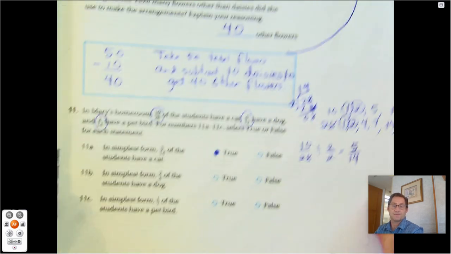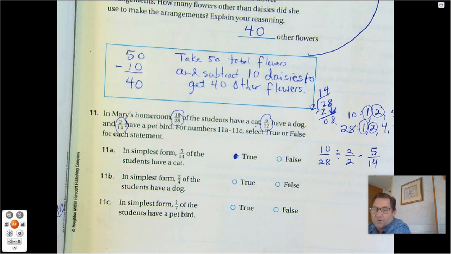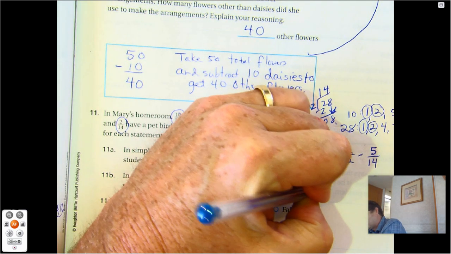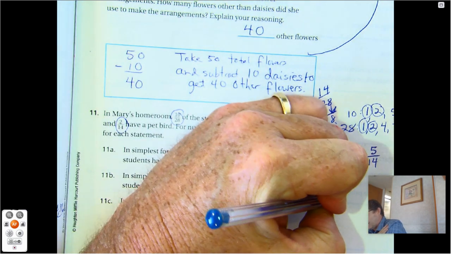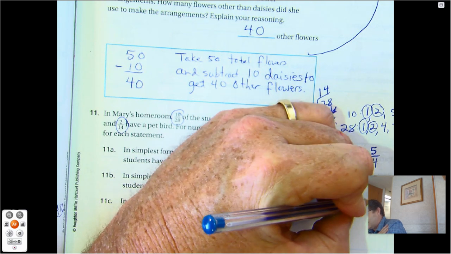In simplest form, 2/4 of the students have a dog. Well, first off, 2/4 is not simplest form. If I was doing 6/12, I'd have to list the factors of 6, which would be 1 and 6, 2 and 3.